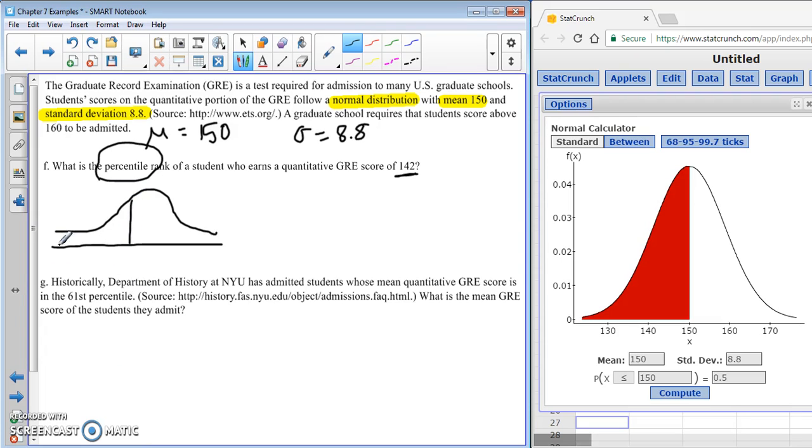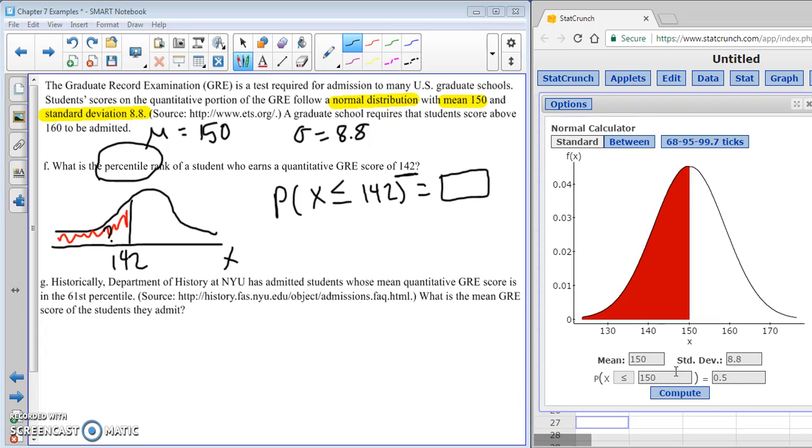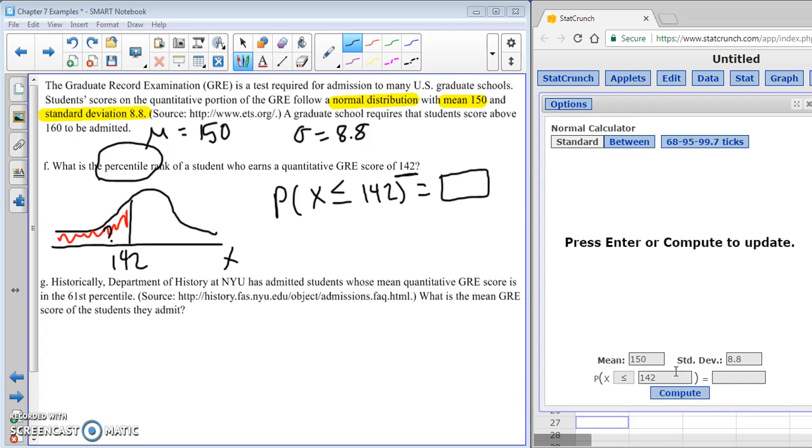We're at that score or below, so we're trying to find what this area equals. So we want to know what is the probability that X is less than or equal to 142. That's what we're trying to find here.